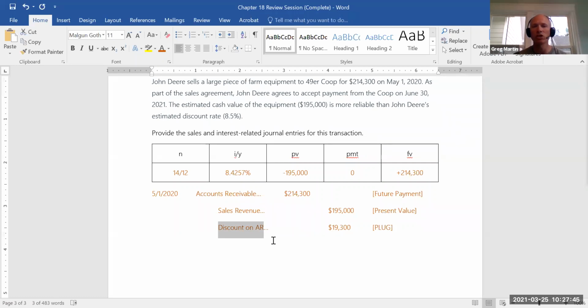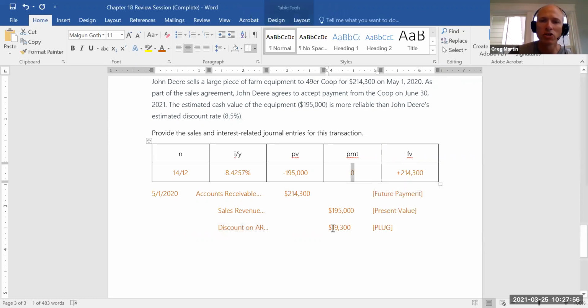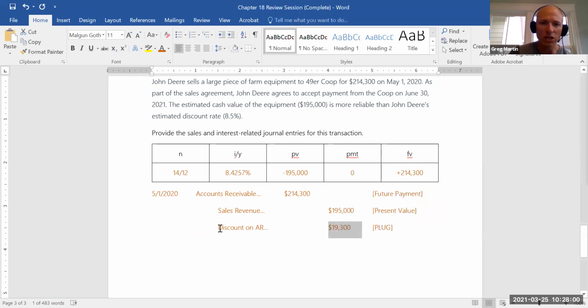Interest revenue is a function of any required interest payments plus any discount on whatever lending arrangement I have made. In this case, there is no contractual interest payment, and so the only amount of interest revenue will be the amount of the discount. Between May 1st, 2020 and June 30th, 2021, when the accounts receivable is due, we will in total recognize $19,300 in interest revenue. That is what this account captures.